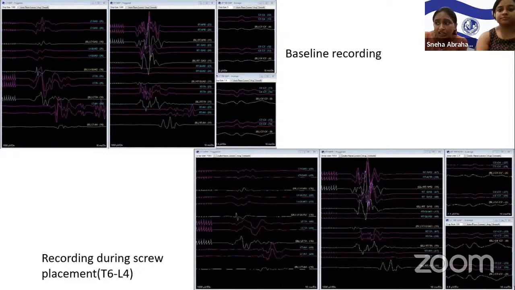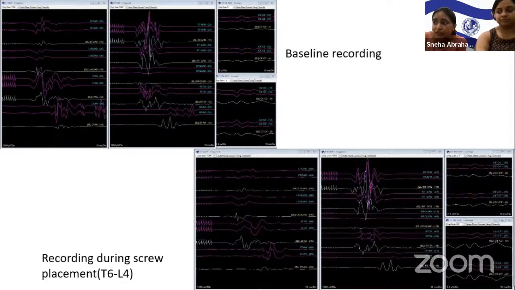The stimulating electrode for motor evoked potential was placed at C3 and C4, and CZ and FPZ according to the 10-20 international montage. Compound muscle action potentials were recorded, which showed adequate amplitudes and latencies throughout the surgery.